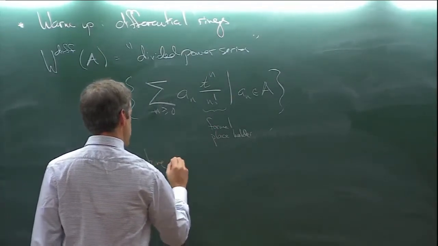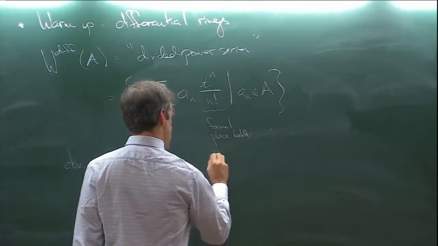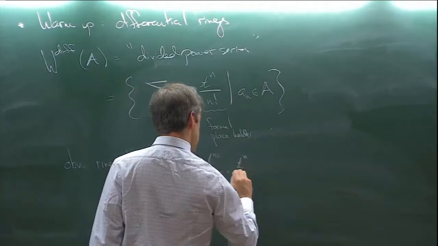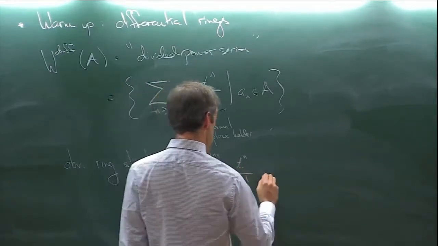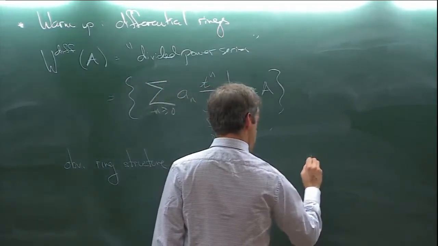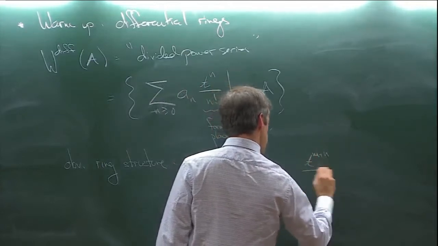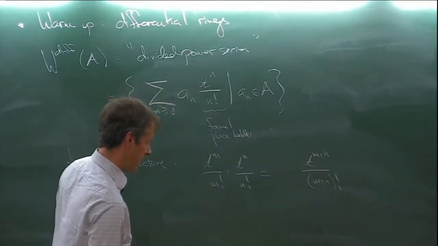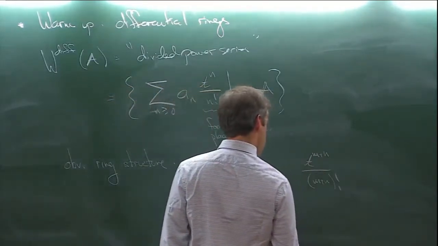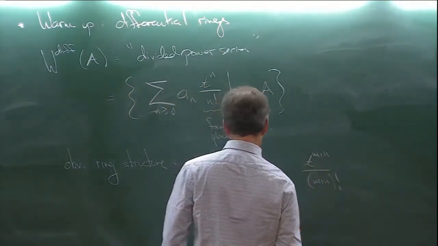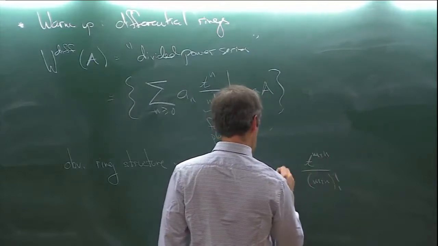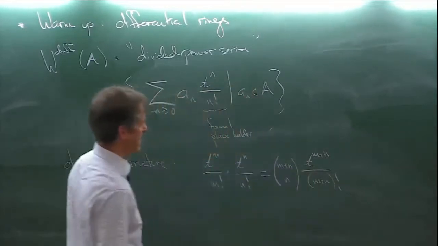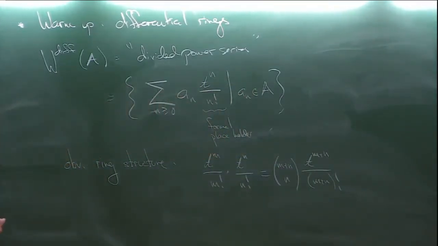So let me just write it out. t to the m on m factorial times t to the n on n factorial is, well, it's not t to the m plus n on m plus n factorial, but it is a binomial coefficient. So that's m plus n choose m times that. So that's how the ring structure is defined.